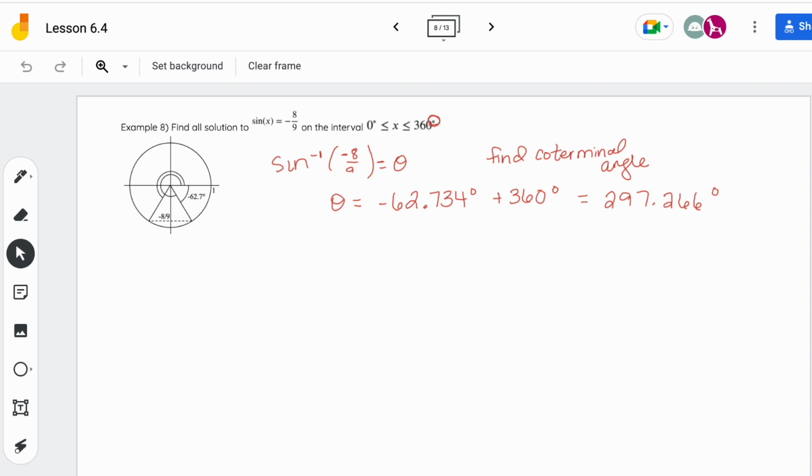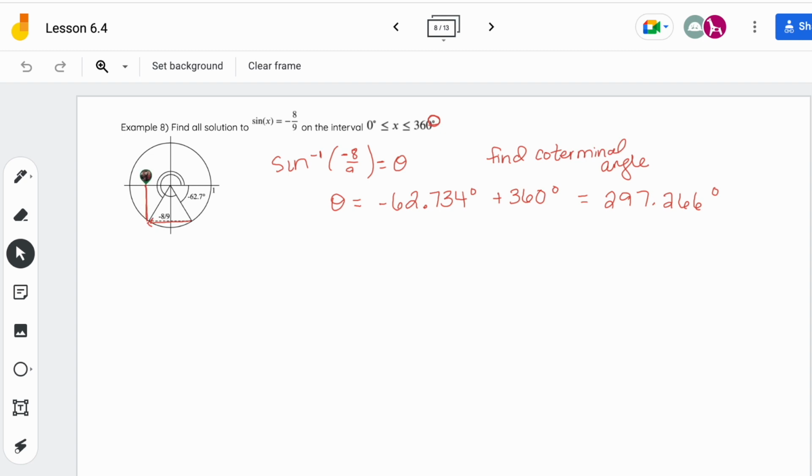And again, from that previous slide, we said that our sine values are associated with our y values. And our y value is also negative in the third quadrant. So we have to look and reflect that as well. So I'm looking at my reference angle here.